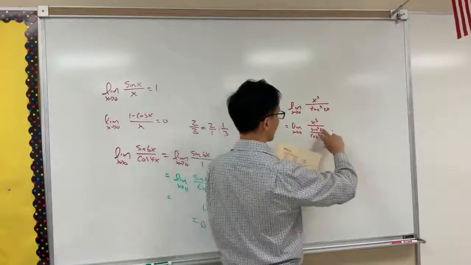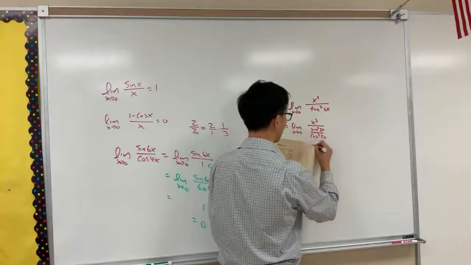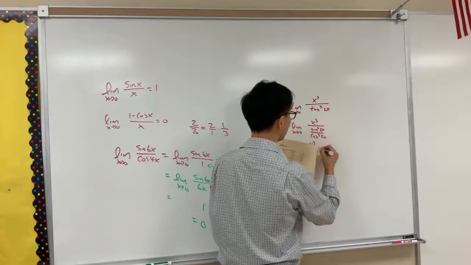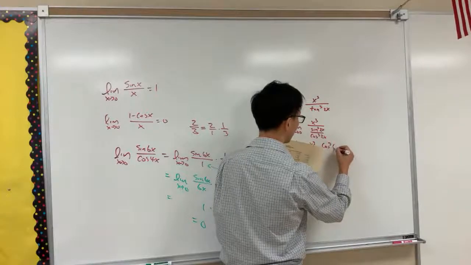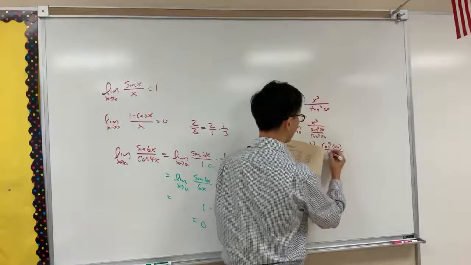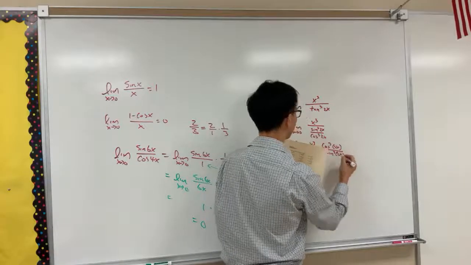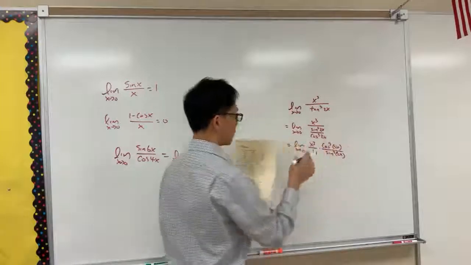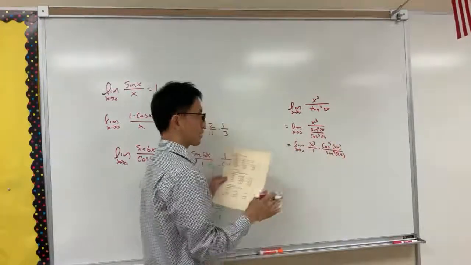I'm going to rewrite this, and that's going to be equal to the limit as x approaches 0 of x cubed over 1 times cosine cubed 2x over sine cubed 2x. You realize that I always keep the 2 inside. I never factor out the 2 because that's the worst way you can do it.